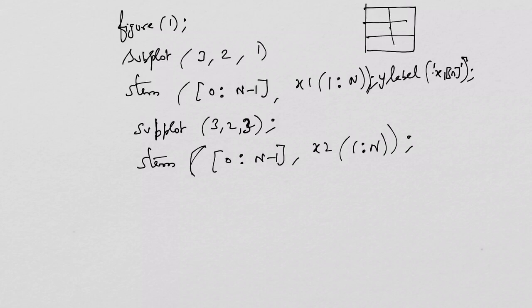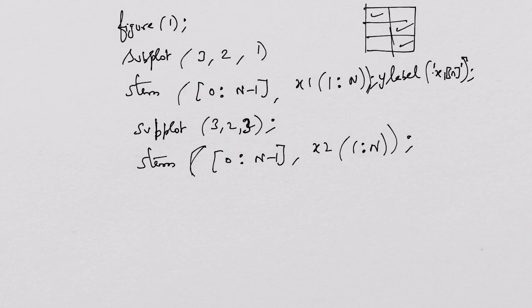So in this, let's choose the first one, the third one, or the fifth one to plot the original sequence. Similarly, the remaining locations could be chosen for plotting the downsampled sequence.